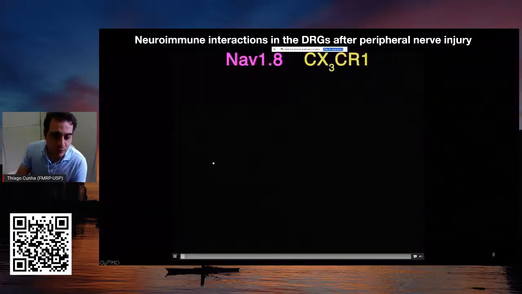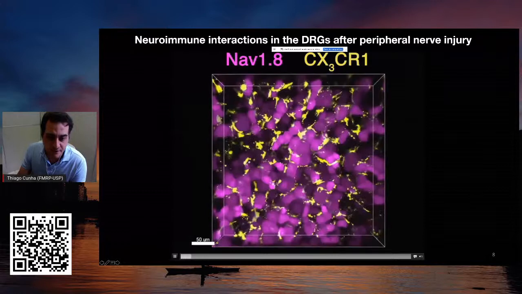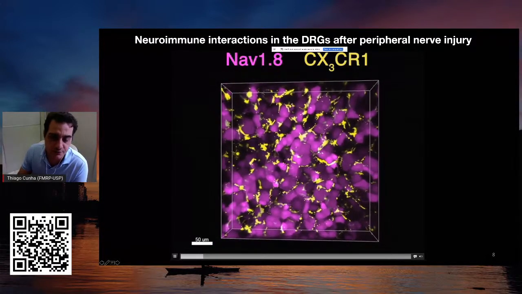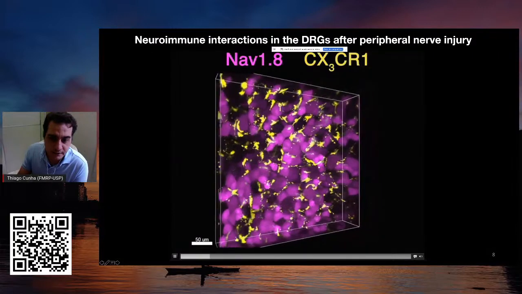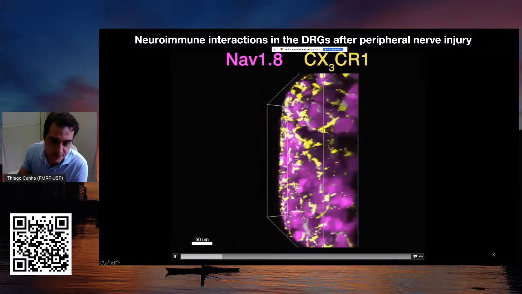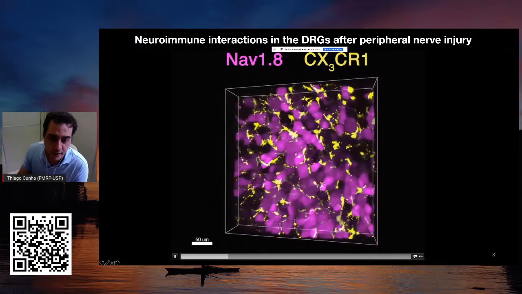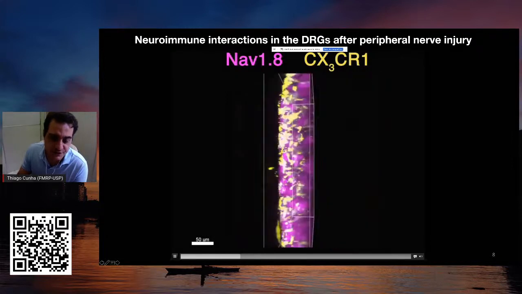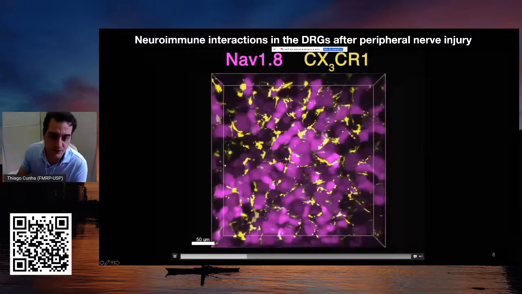One important process that we are very interested in understanding is the close interaction between the cell body of the nociceptors, which you can see here in purple, and the resident cells, especially macrophages that are resident in the dorsal root ganglion.